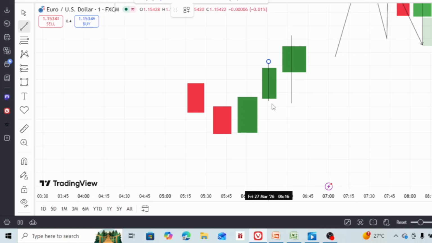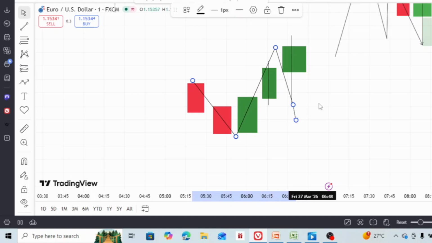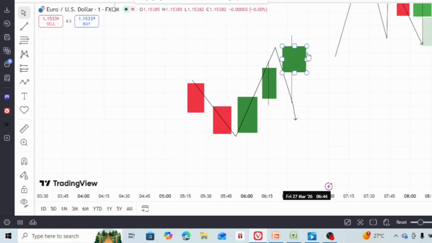If there's a pullback like this, if you look at the market here, the market went down, then it went up, and then it came down to this level, so it has swept. This particular candle has swept the major candle's low liquidity, which means there is the value pullback here.